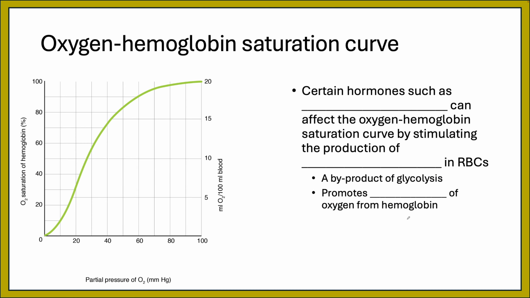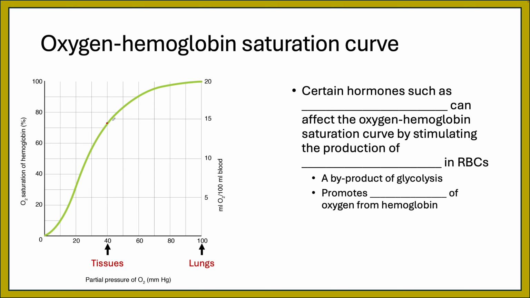The oxygen hemoglobin saturation curve is going to be such that you have the concentration of O2 in the tissues being lower, so you have only about a 75% O2 saturation there.